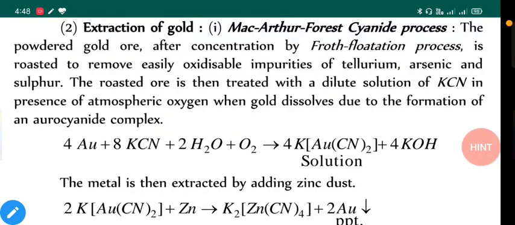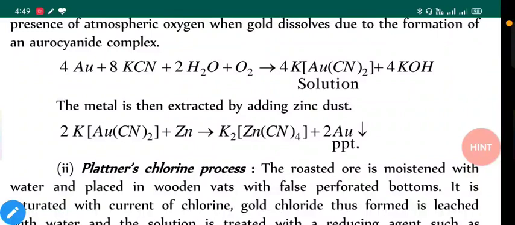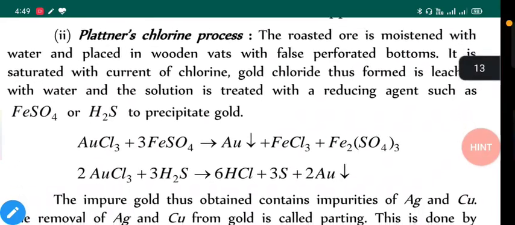The roasted ore is then treated with a dilute solution of KCN in the presence of atmospheric oxygen, when gold dissolves due to the formation of aurocyanide complex. So as we can see, first we have the solution form of our gold, then we obtain it back in solid form.